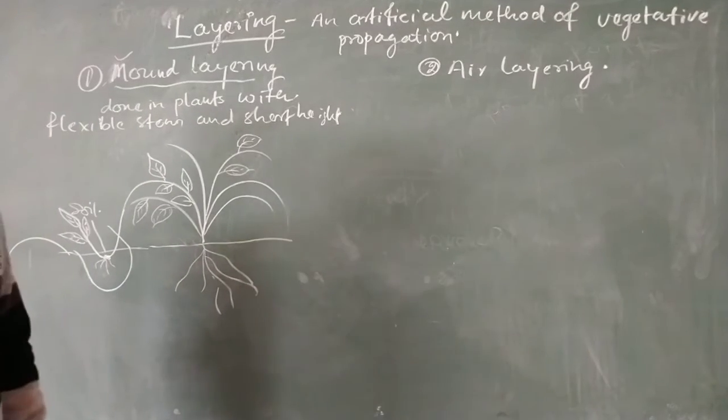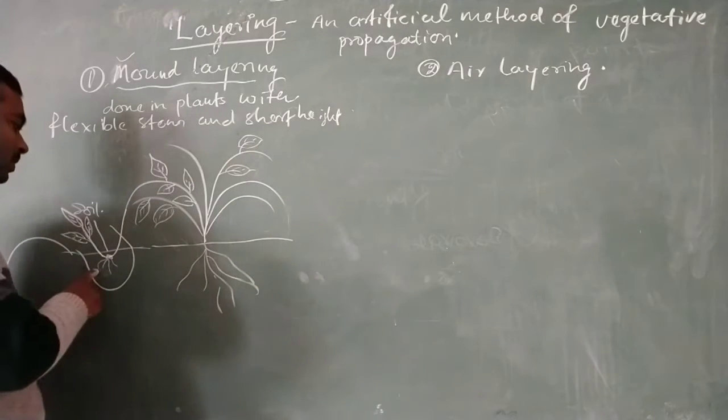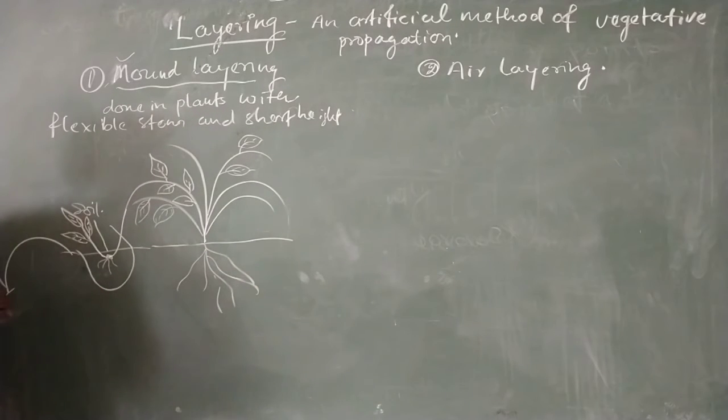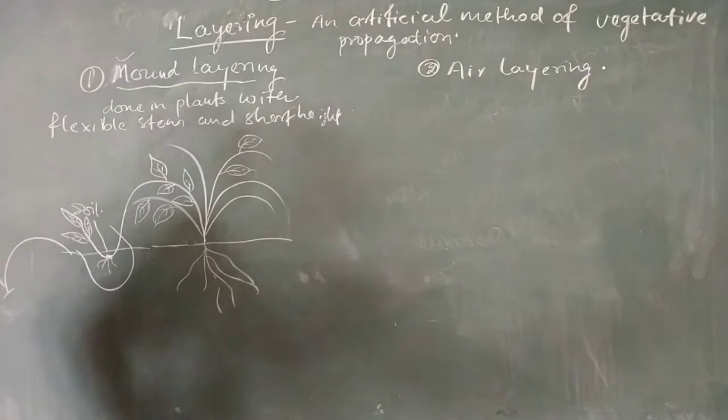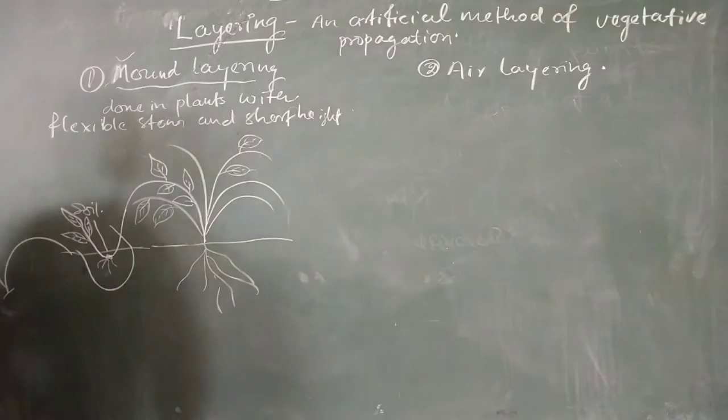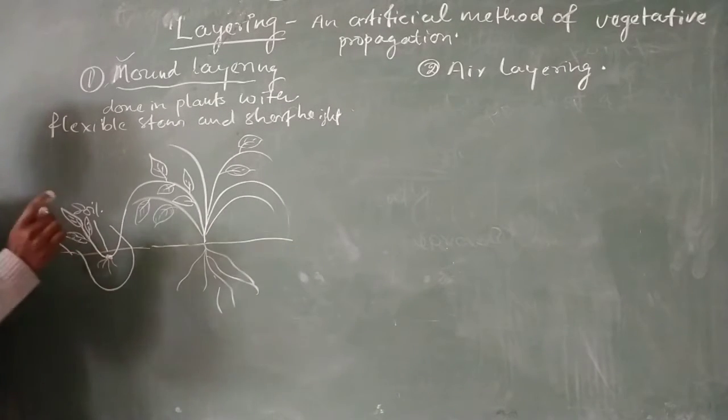We can plant it in a pot. So this method of layering is known as mound layering, which takes place over the soil surface. We do layering on the soil surface.